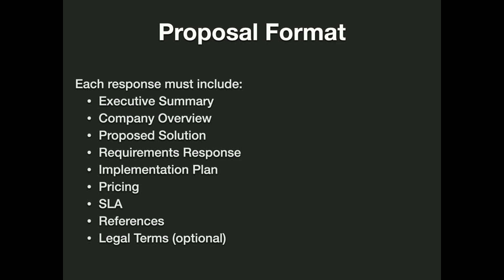You want updates, you want security, you want to deploy applications, you want to lock the machine down. This is why we need it. And then a quick company overview. What is the company? We make cookies. And then you have your proposed solution: it's an MDM and it will do these things. You insert your requirements. We'll get back into the requirements in a little bit, but in the RFP, you have listed out what exactly you want the thing to do.